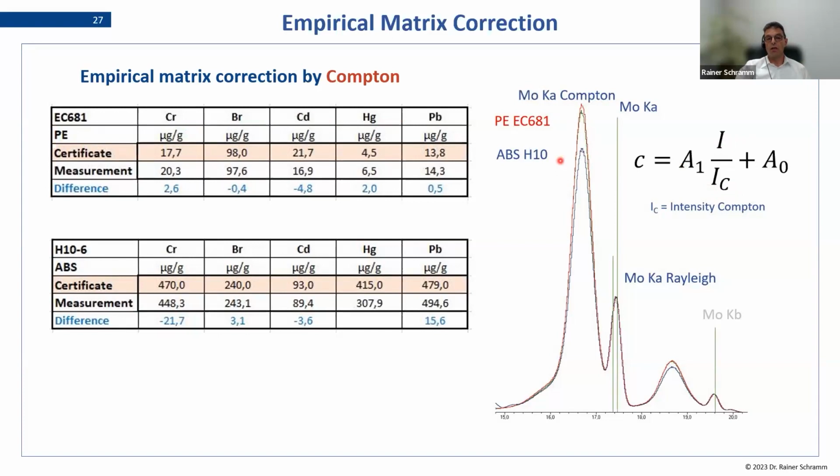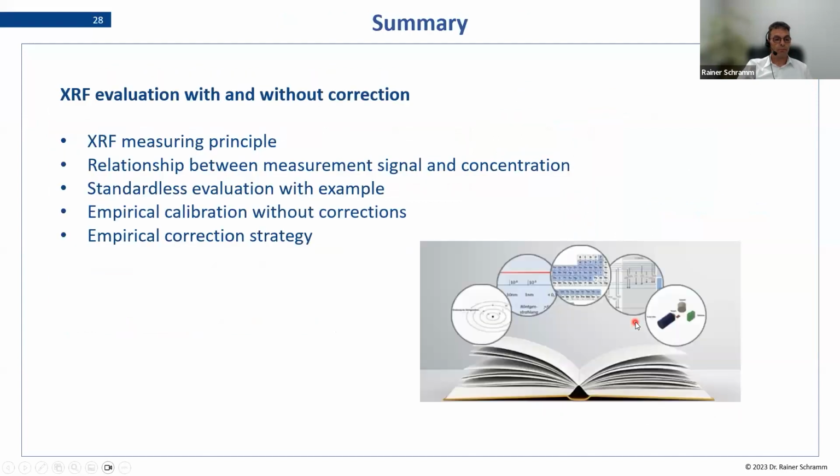And this is a classical example for Compton correction. It mostly works well if the element lines are very close to the Compton peak. The farther away these lines are, the more difficult it will be. So this is a general rule.